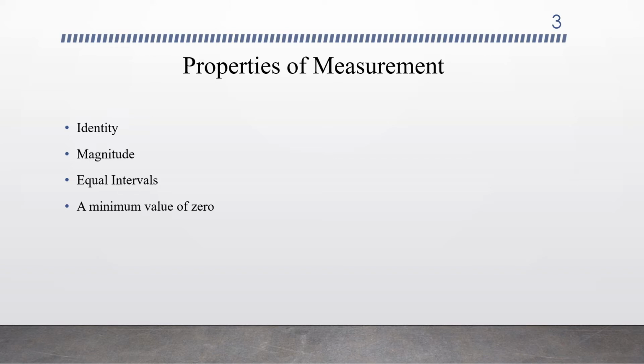And lastly, there has to be a meaning for 0. 0 should denote the least value. Now, if we are measuring the temperature on Celsius scale, we know that 0 degrees Celsius doesn't mean that there is no temperature at all.